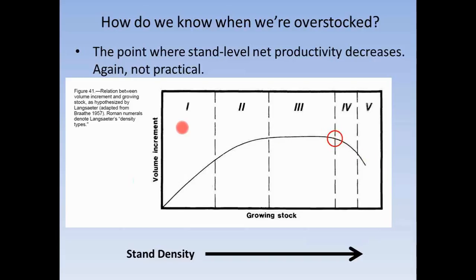And this could be net volume increment, for example. So where is it we're at a point the net volume increment is actually decreasing because we're at such great density? Maybe it's because of mortality. Maybe it's because each tree is growing slower. But hey, that sounds like a great place to put that A-line.